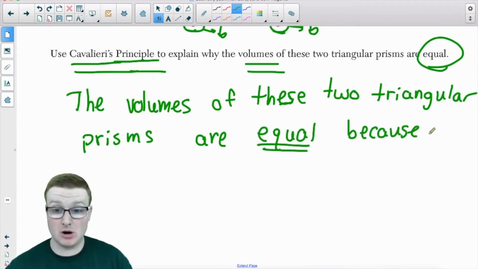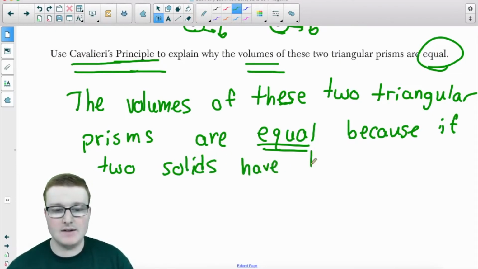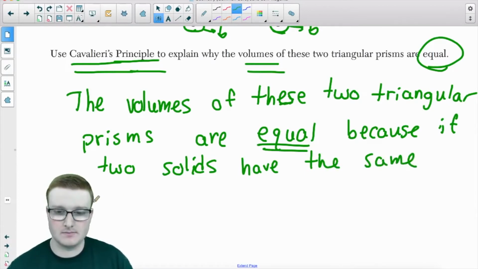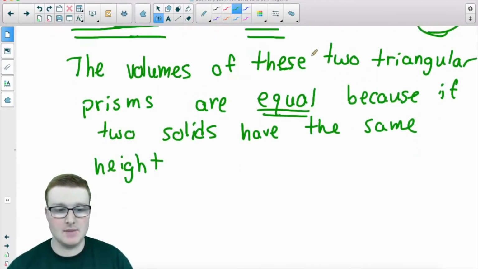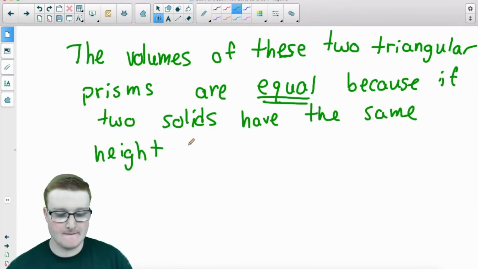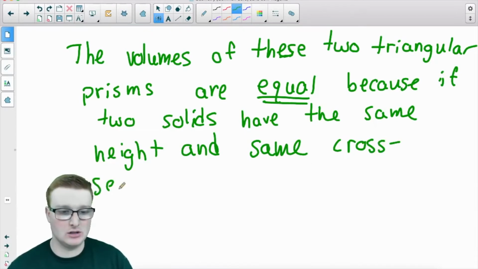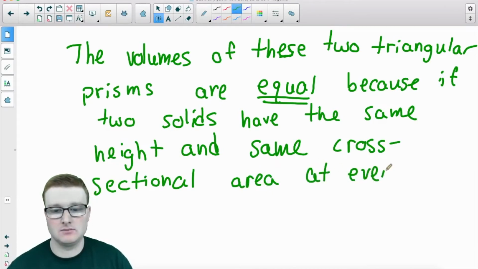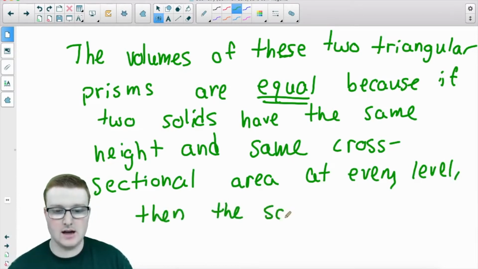Because, and this is the Cavalieri's principle part, if two solids have the same height and the same cross-sectional area at every level, then the solids have the same volume.